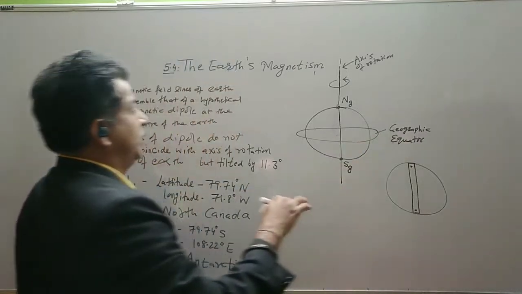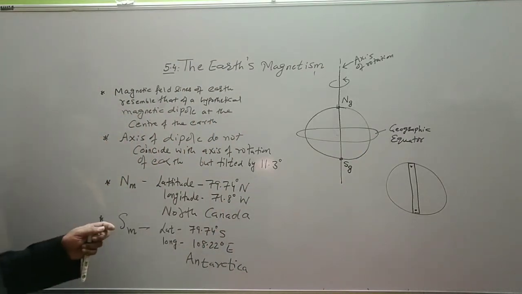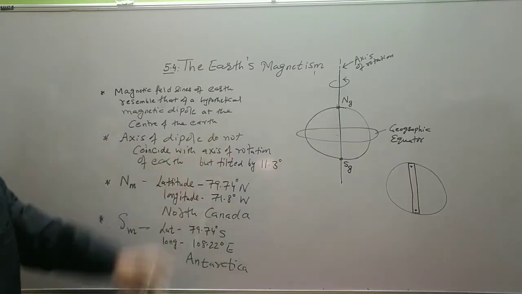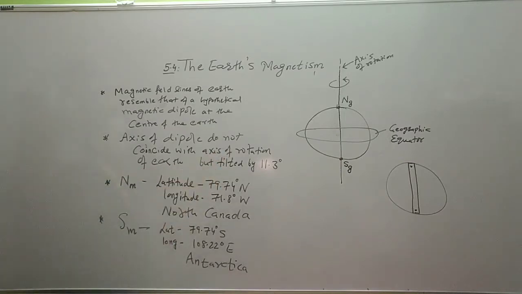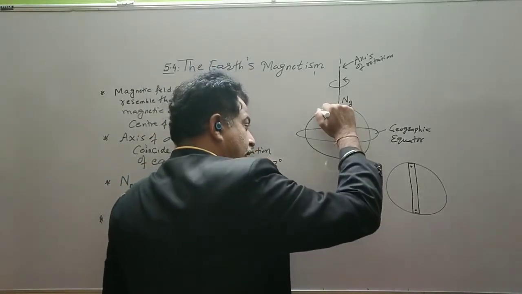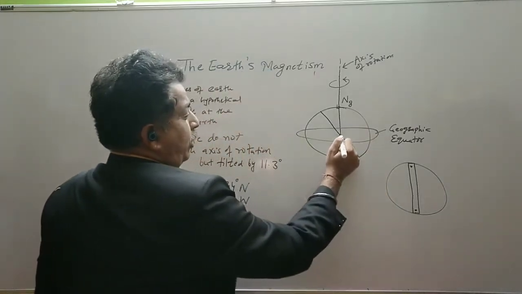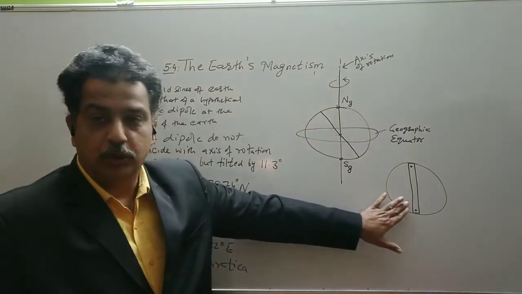Now it is assumed that we have a magnetic dipole. But it has been found that the axis of the dipole does not coincide with the axis of rotation of the Earth, but it is tilted by 11.3 degrees with respect to the axis of rotation. So now it has been assumed that there is no such bar magnet.